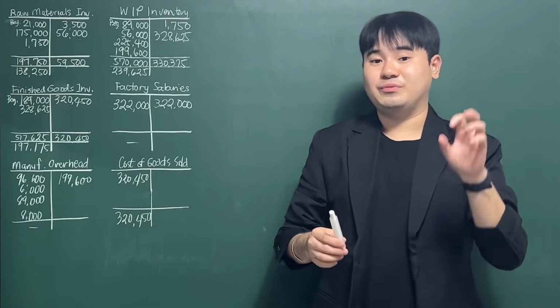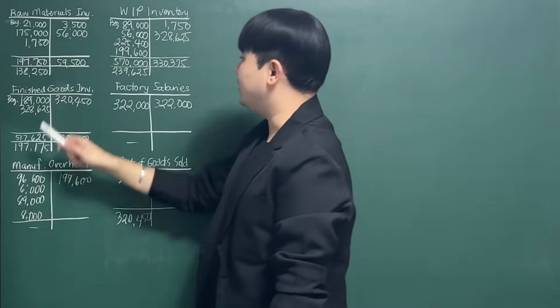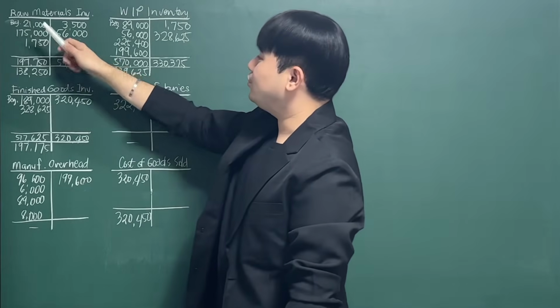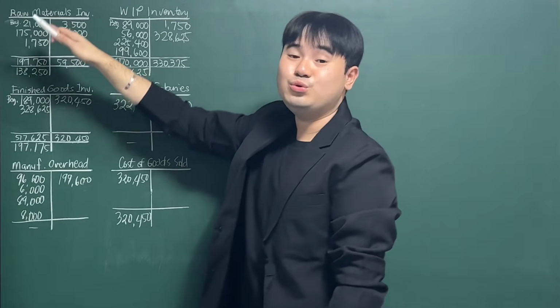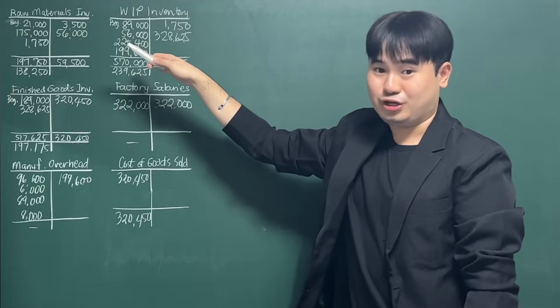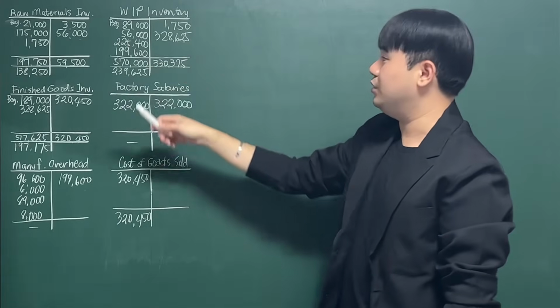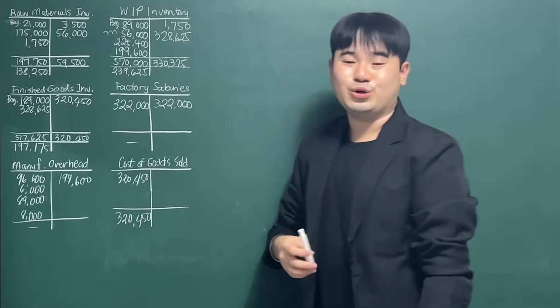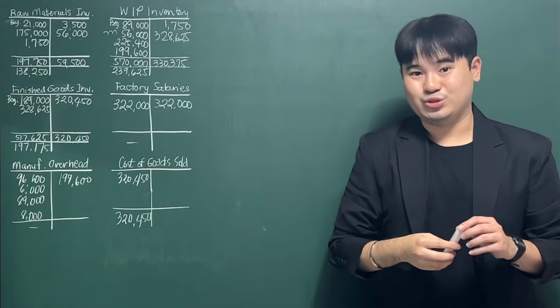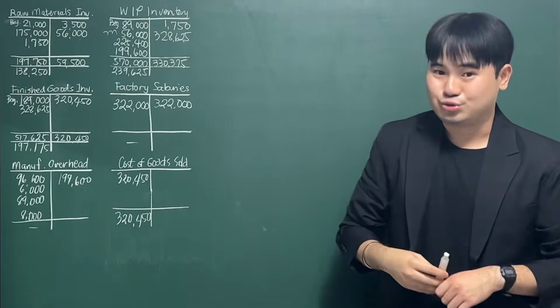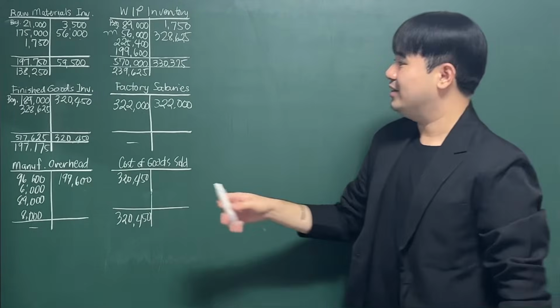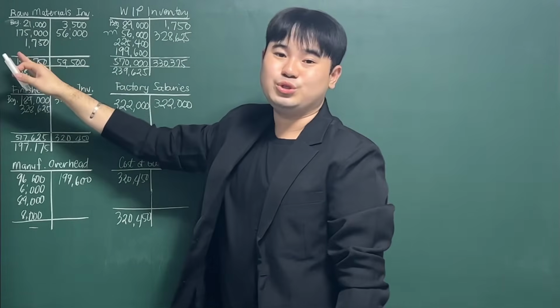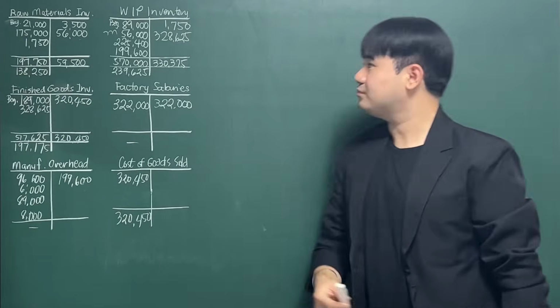How can you confirm that 56,000? As you can see, it is a credit to raw materials inventory because you brought it to production. Okay, you issued it to production. So this is your materials in your work in process inventory. So it was issued for the production process. Okay, so we have already understood your raw materials inventory.